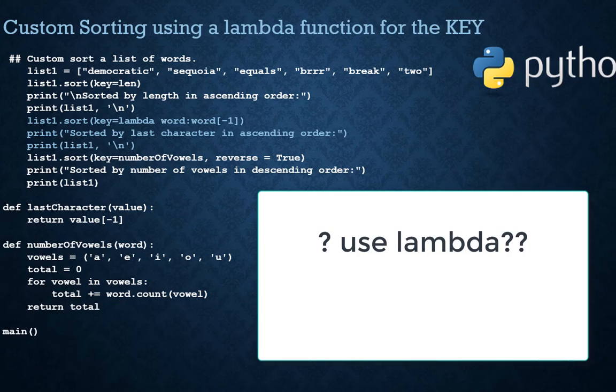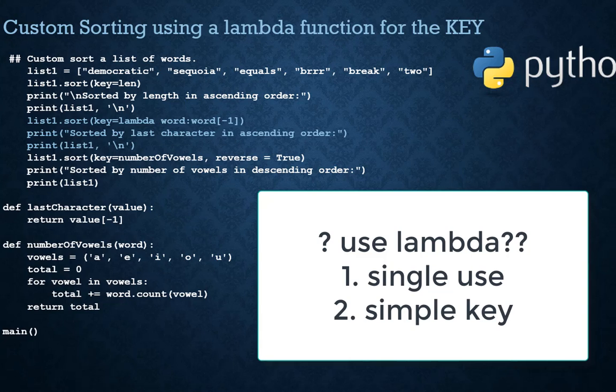So when should we be using lambda expressions or functions? If this will be a once and done situation, where we just need to get something done on the fly quickly, we don't need to save a copy of that function because we're not planning on reusing it for anything, then a lambda function here is appropriate.